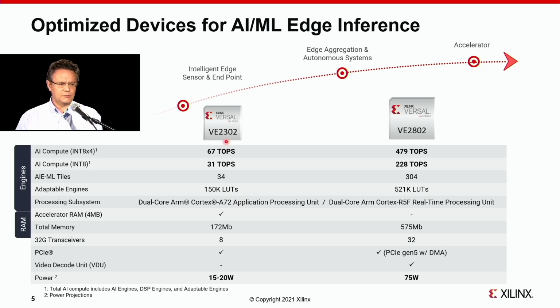These two devices can be optimized for different use cases, ranging from the very low-end, low-power use cases to the high-end, or let's say 75 watts, half-height, half-length PCIe form factors as an accelerator card.